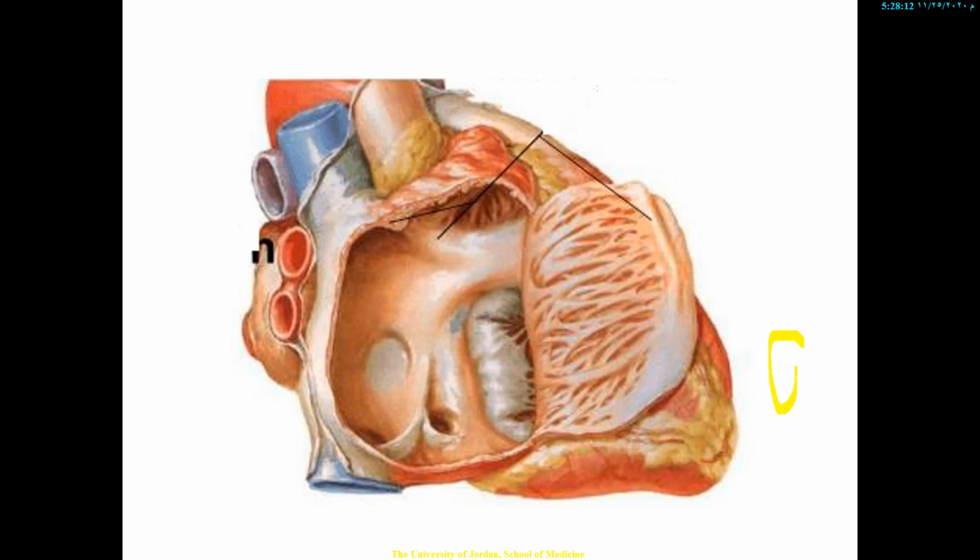It's rather this way here. So it is vertical and it's not horizontal, bearing in mind that the right atrium is almost posterior to the right ventricle.